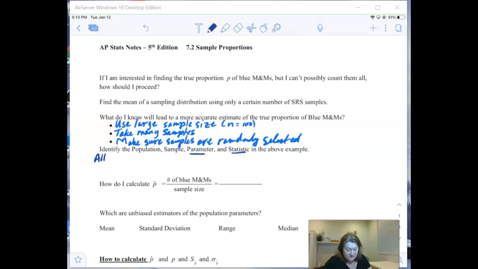The sample would be a sample of 100 M&M candies, and I'd be counting up the proportion of blues in that. So that's going to be our statistic: the proportion of blue M&Ms in 100 candies.